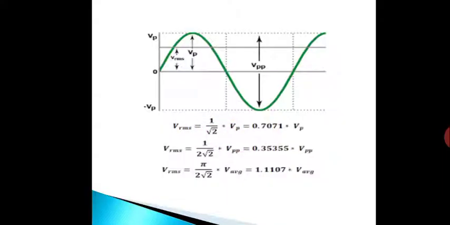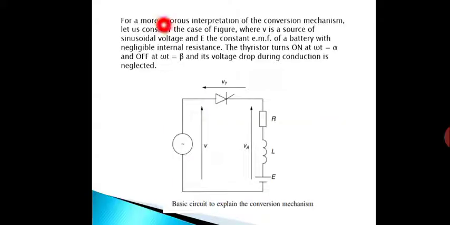Okay, so for a more rigorous interpretation of the conversion mechanism, let us consider the case of the figure where V is the source of sinusoidal voltage, and E is the constant EMF of a battery with negligible internal resistance, and a thyristor turns on at omega t equal to alpha and off at omega t equal to beta.